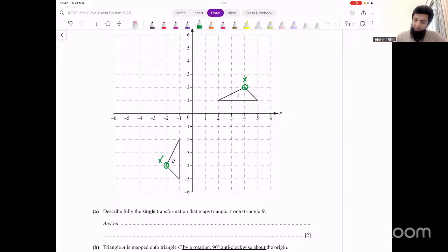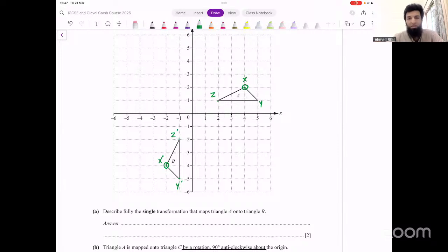Of the other two points, one is close to x, the other is not as close. If we call this y, this is the corresponding point y prime. And if this is z, then this is z prime. All right, these are the corresponding points.